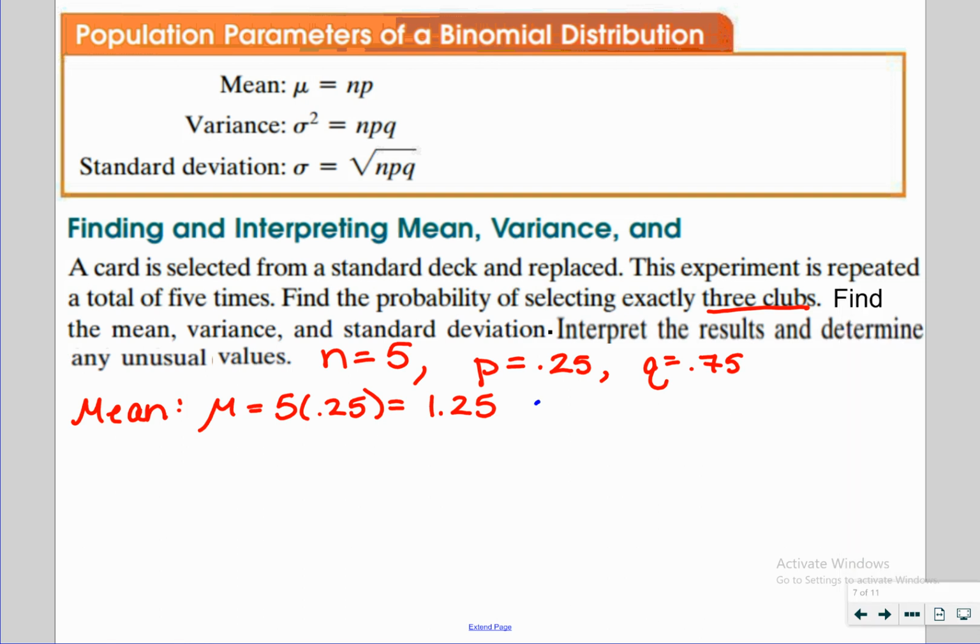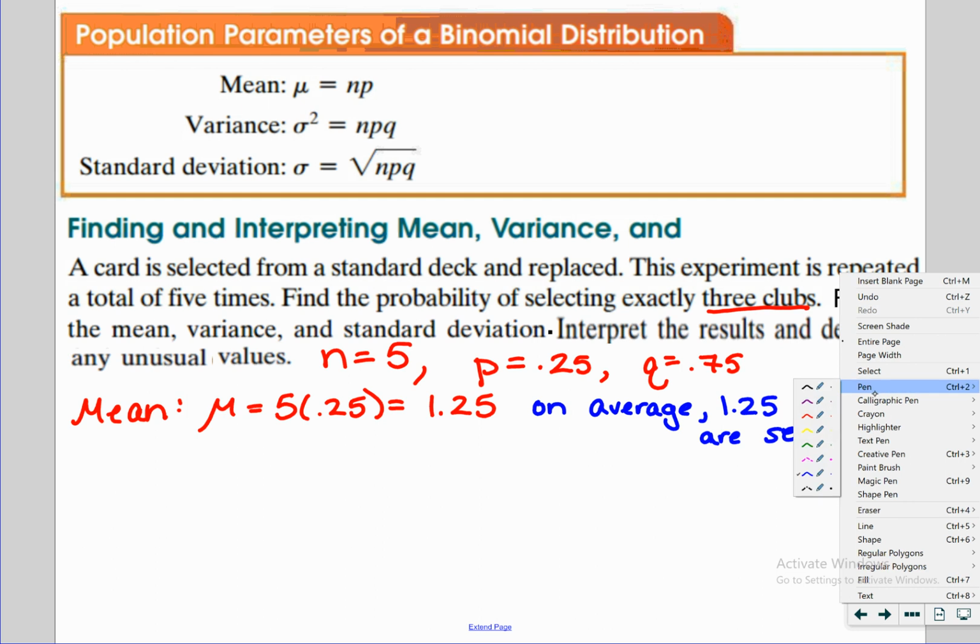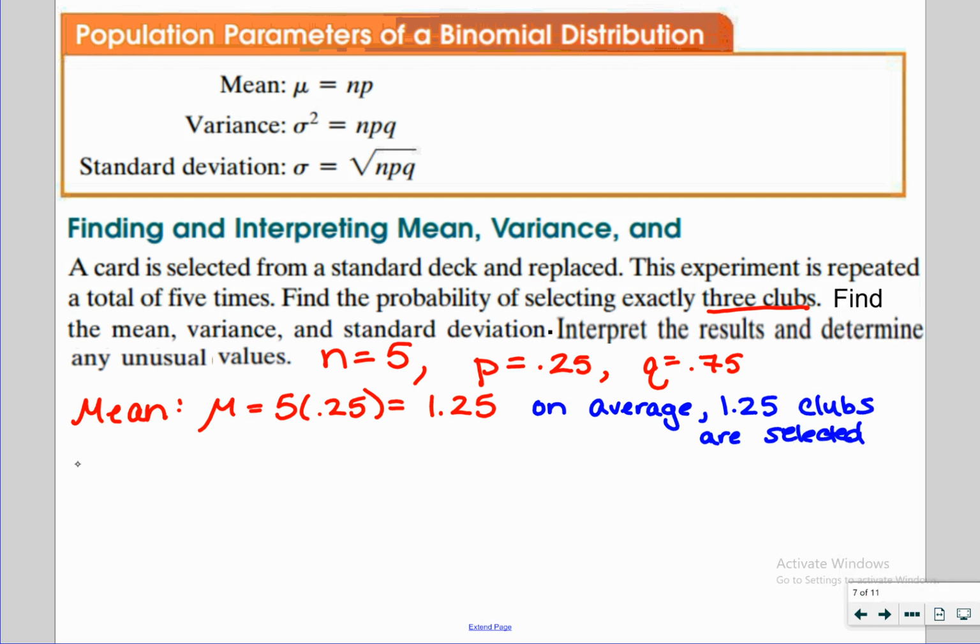On average, when we perform this experiment, and it's being performed 5 times, 1.25, or between 1 and 2, clubs are selected. Okay. So usually about 1 is probably what we would say on that one. If we had to pick one number.